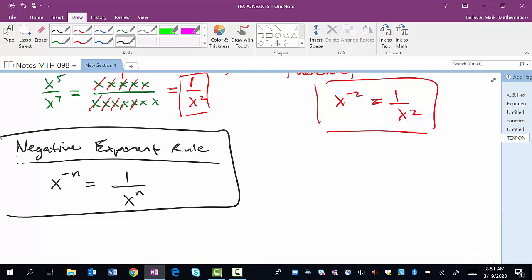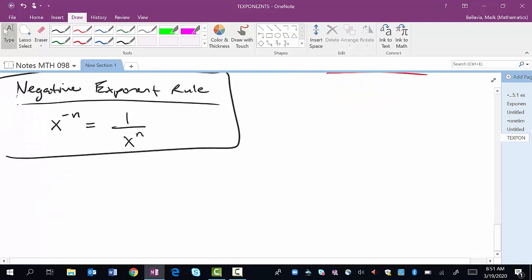From this point forward, all of our answers are going to want to be written in only positive exponents after we simplify. So if you don't simplify completely, meaning you don't write it with only positive exponents, then you won't get full credit. So let's talk about simplifying some of these.